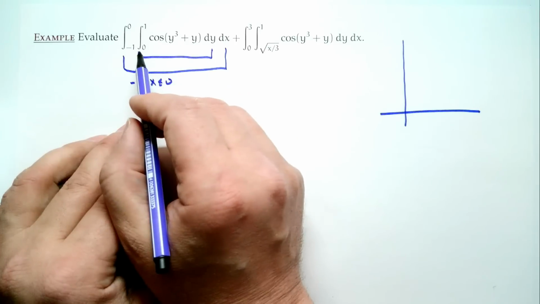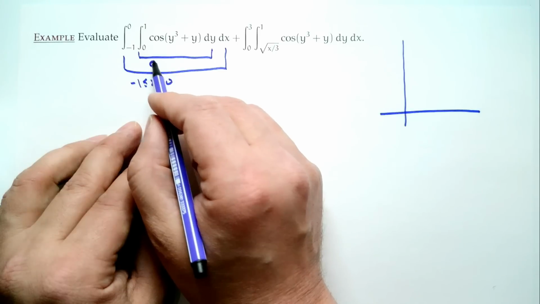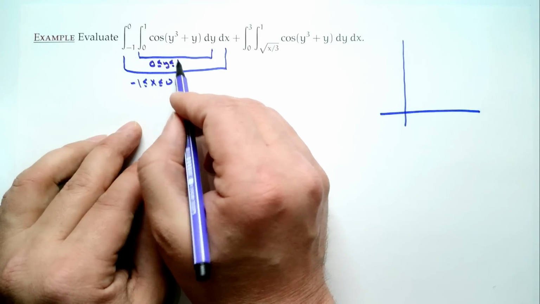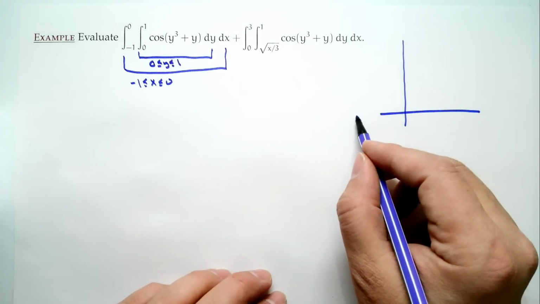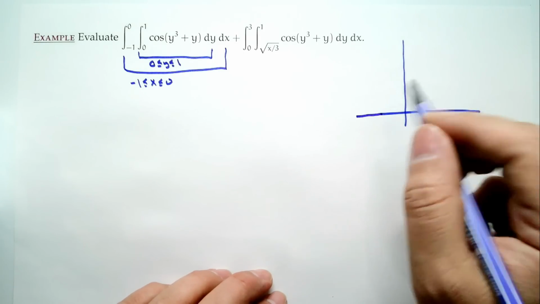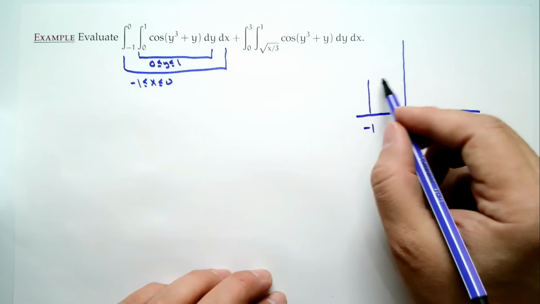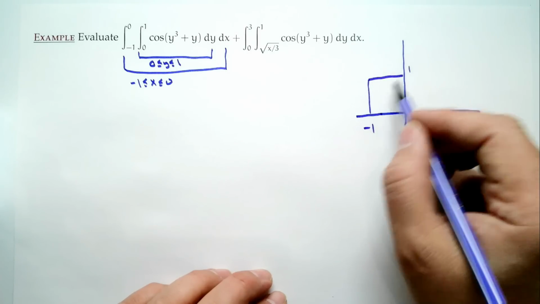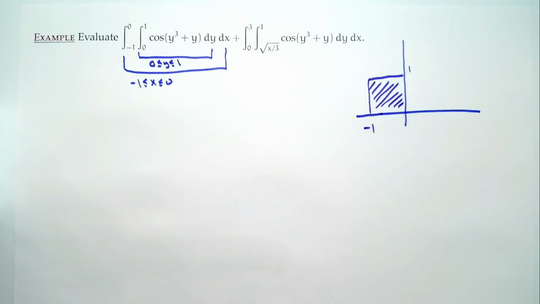Because remember, these are y equals 0, y equals 1. So this, like I said, it's a rectangle. X goes from -1 to 0, and y goes from 0 to 1. So, all right. So we'll come over here, and we'll make ourselves a little rectangle. There we go. So that's the first integral.